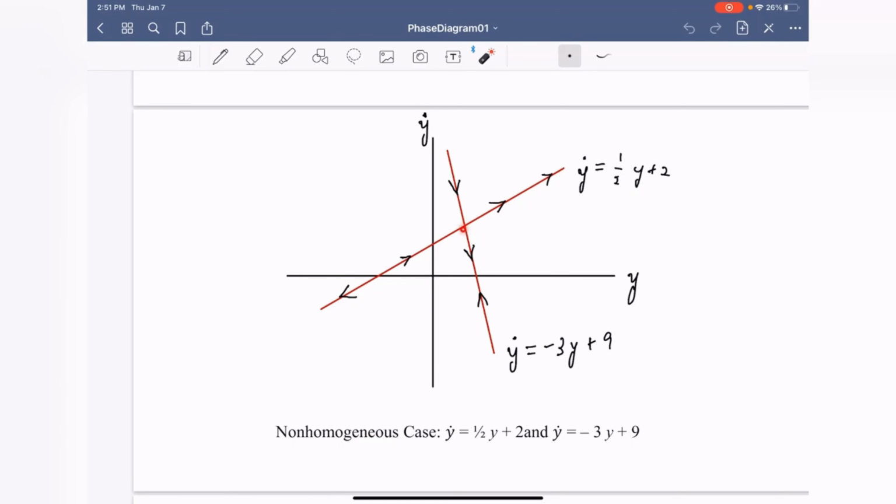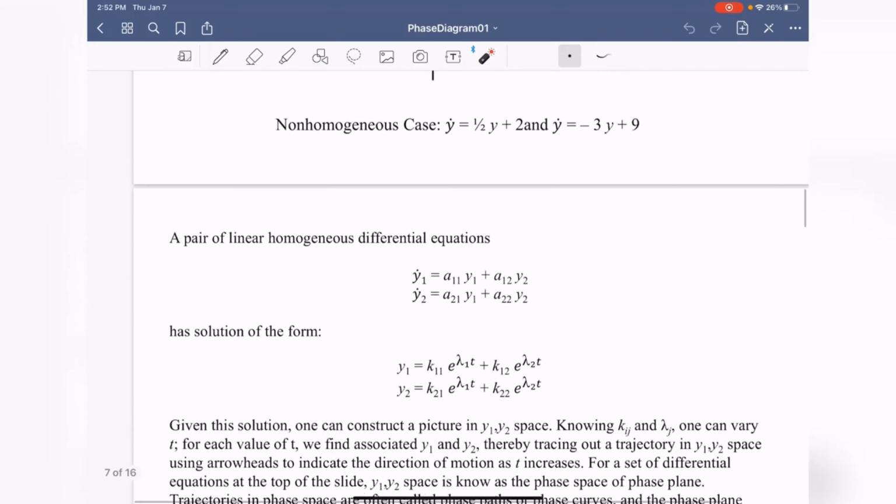So we'll move towards this center point if we're to the left of it, and away from it if we're to the right of it, as long as we're above that horizontal line. For this one, same thing, we move down here, away from this point till we get to here, and then in this direction, we again move toward that point there. So that's how we deal with a non-homogeneous case.